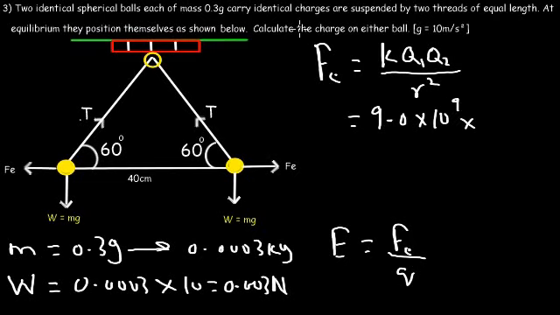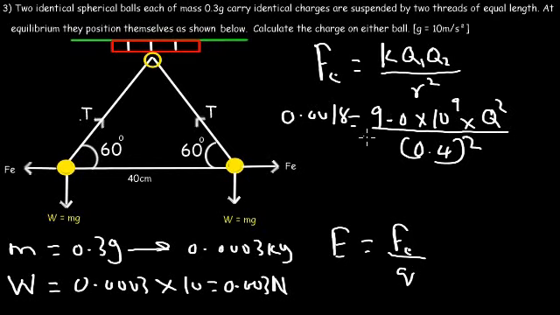So should I use uppercase or lowercase? Let me use upper. Divided by 0.4 squared. And this is equal to the magnitude of the electric force we just got. That is 0.0018. Okay, so let's just use our calculator. However, let's cross multiply first.